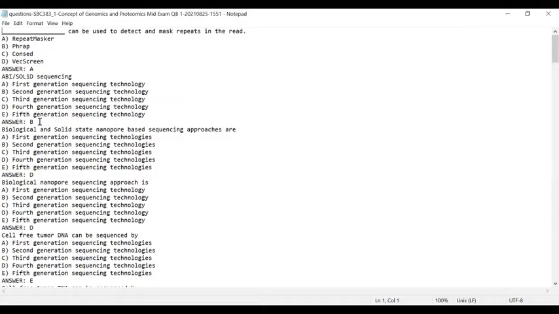Fourth. Elisha? Fourth, sir. Yes, nanopore based technologies are fourth generation, and they have two types: biological and solid state nanopore. The next question is related to this: biological nanopore sequencing approach is fourth generation sequencing technology.